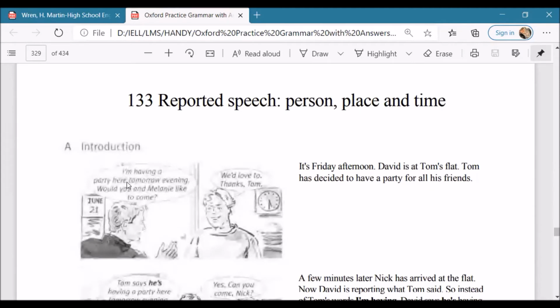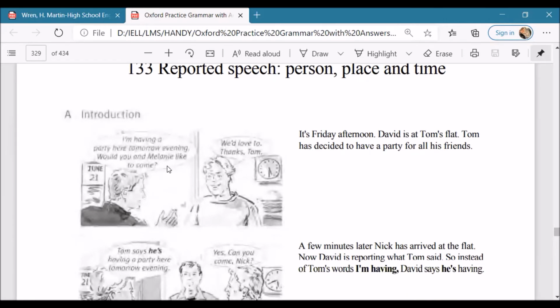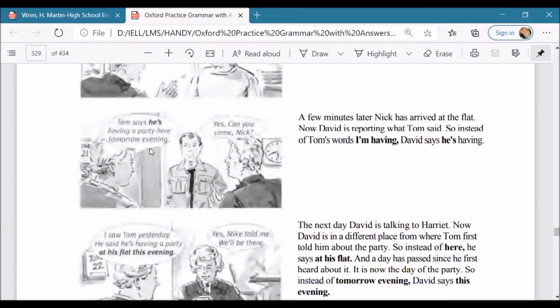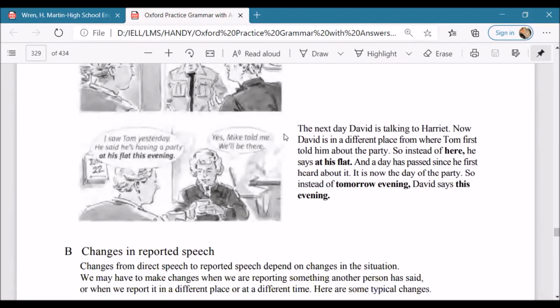So, for example, if this is the first of any month and he says I'm having a party tomorrow, that means the party is on the second day of the month, let's say the second of January. Then, if they are talking on the same day and he again says tomorrow evening, he is again referring to the 2nd of January. So here we would say it's the next day already, which means that today is the day of the party.